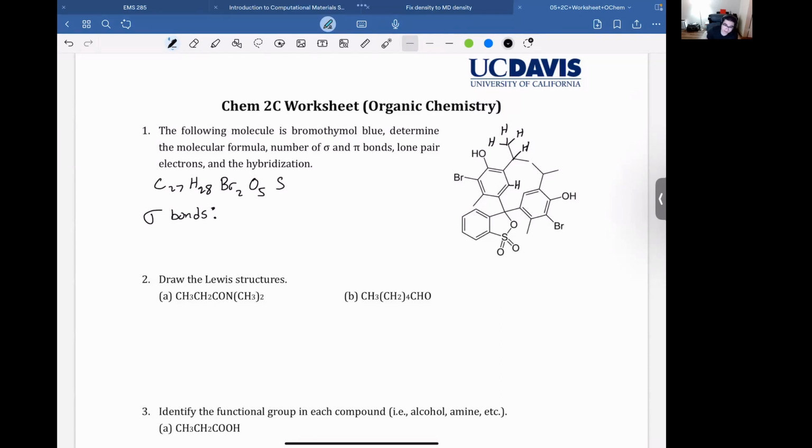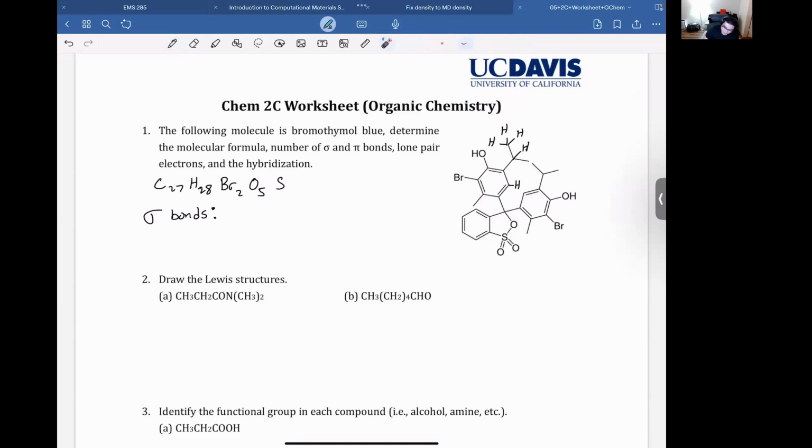If you have something with trigonal planar hybridization, so a carbon connected to 3 things, there's 3 sigma bonds in that. The carbon will have 4 bonds, but that first bond that it makes with something else is the sigma bond. Without getting too much into hybridization and why that is, you can think of the sigma bond as the non-pi bond connections.